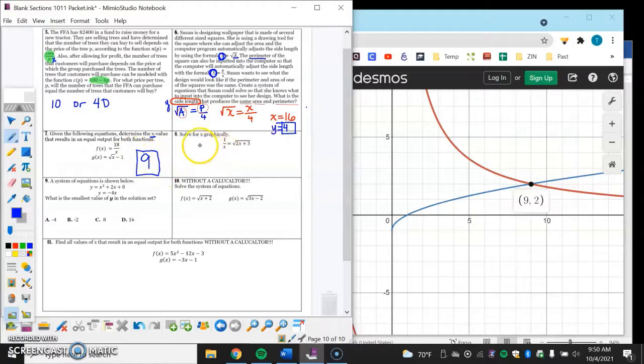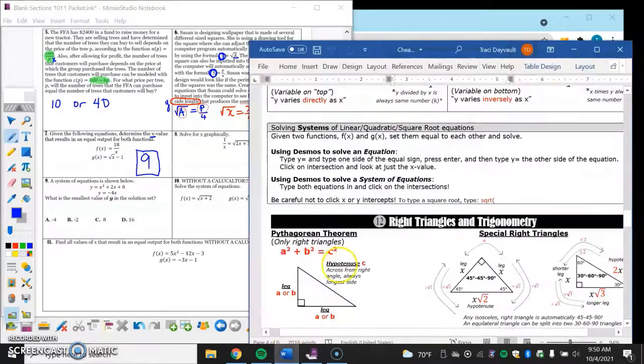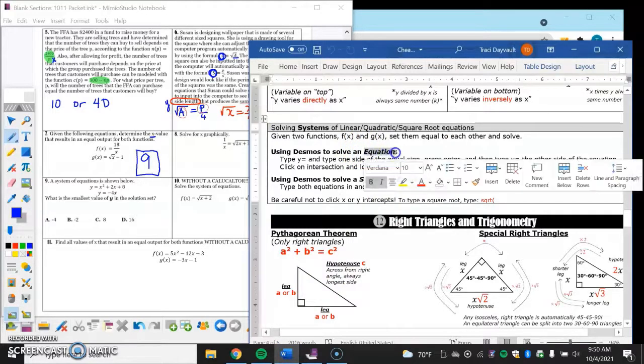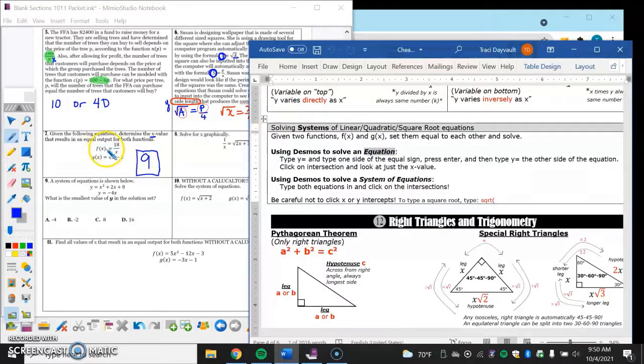Okay, number 8 is another equation one. To solve graphically means we're going to graph them and see where they intersect. This is using Desmos to solve an equation. A system of equations is multiple equations, but this is just one equation.